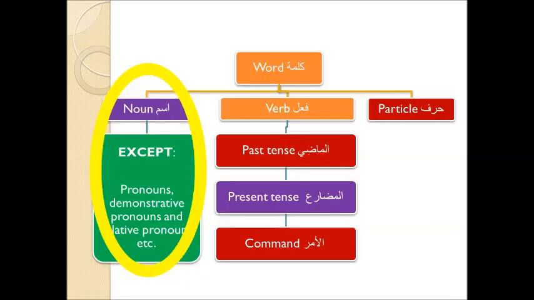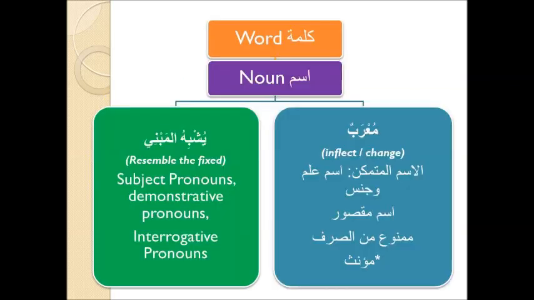Back to our word chart, we will now focus on the categories of nouns. Firstly, we said that nouns are either mu'rab or yushbihul mabni. The mu'rab, the ones which change and inflect, al-ismul mutamakkin, which was ismu alam, wa jins, ism maqsoor, mamnu' min as-sarf, and we also spoke about the mu'annath.